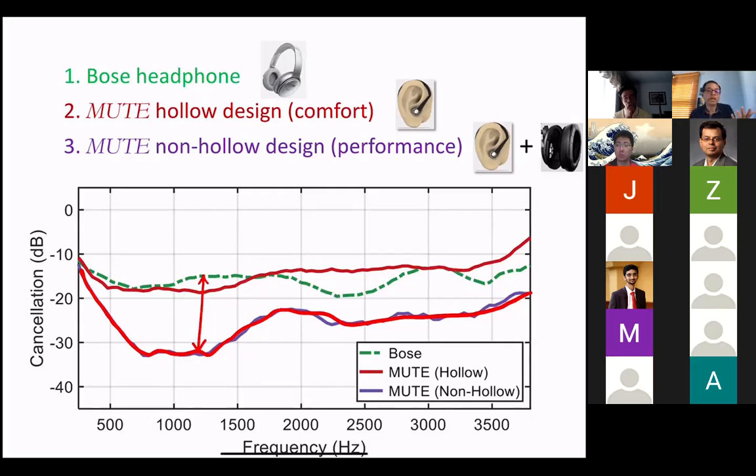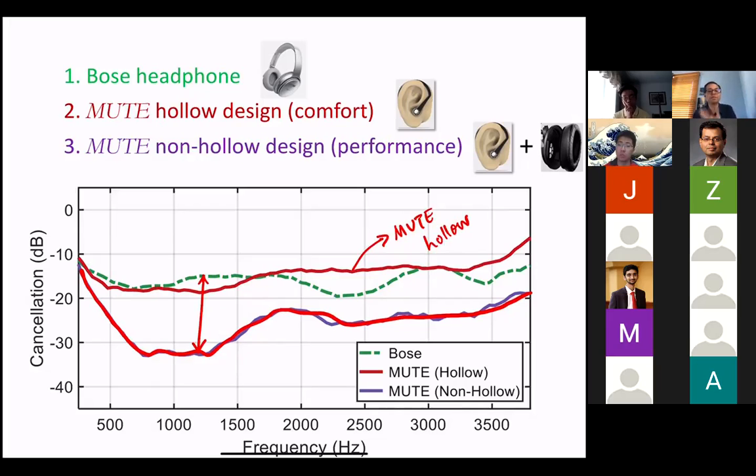But then you can say, okay, look, if I did not have the sponge, how good will I be? Mute will allow you to do good cancellation. So why not take out the sponge? You lose something, of course. So this red one is what is called mute hollow, meaning without the sponge, what will you get?